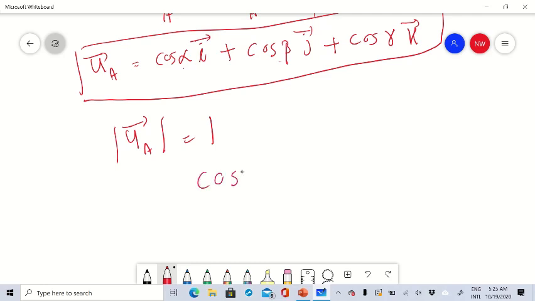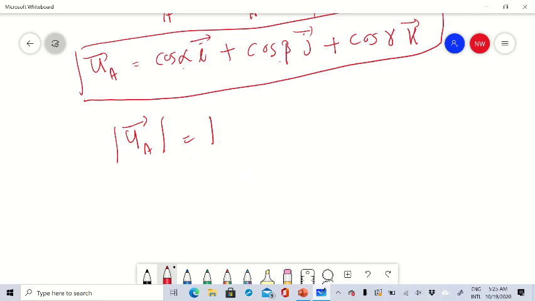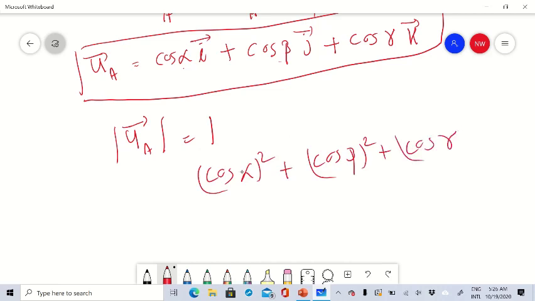So cos alpha squared plus cos beta squared plus cos gamma squared, square root, is equal to 1, and if I remove the square root, it is still equal to 1.